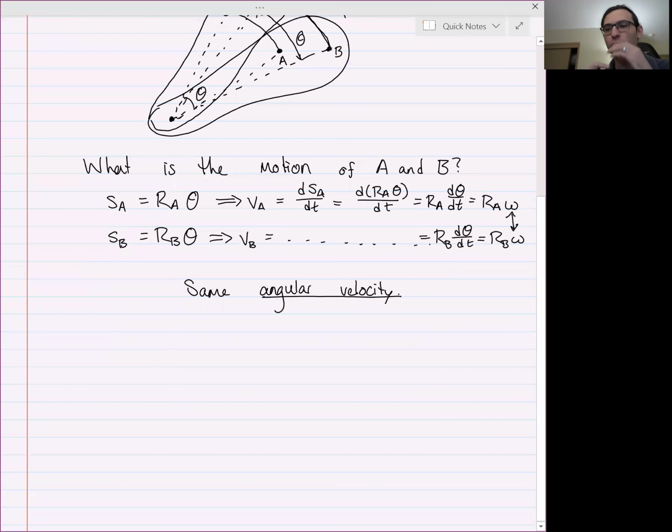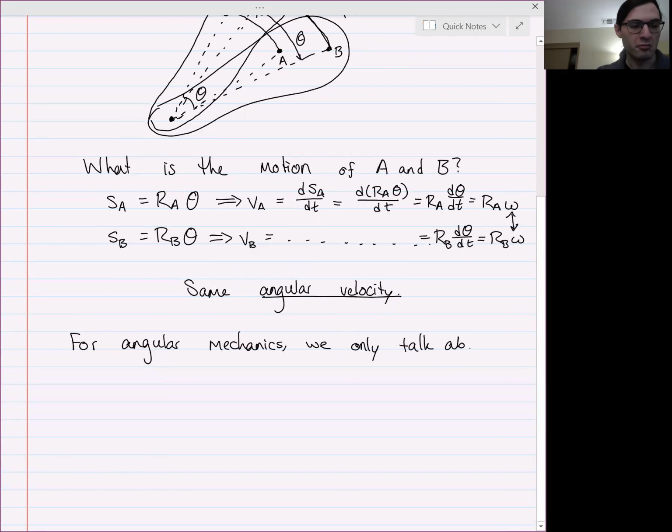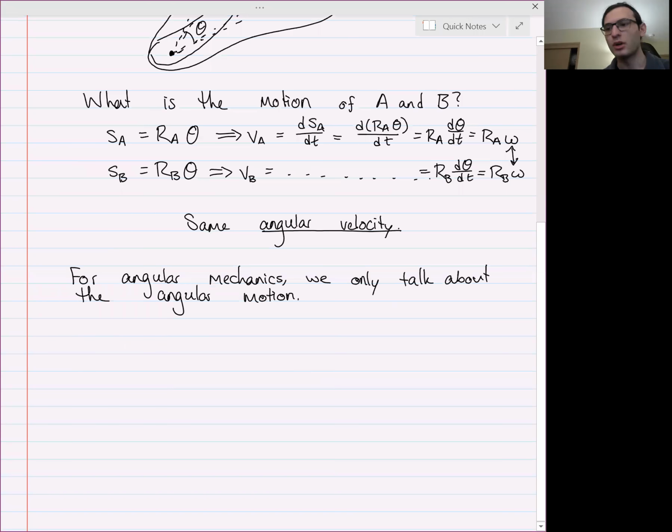So when we do rotational mechanics, we only actually talk about the angular motion. And that's just because getting the translational motion from the angular motion is really easy. And so if we can characterize the rotational motion, then that's enough. So how do we do this?